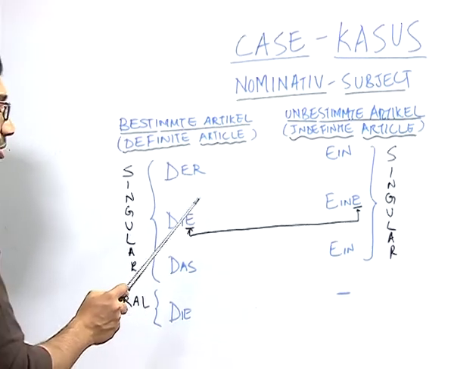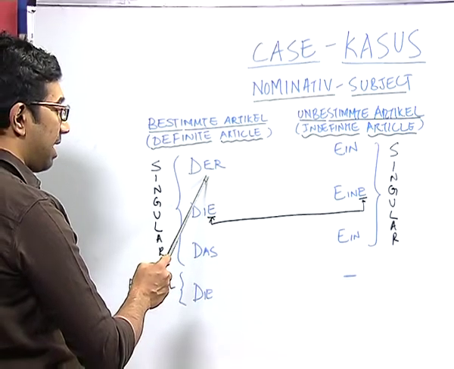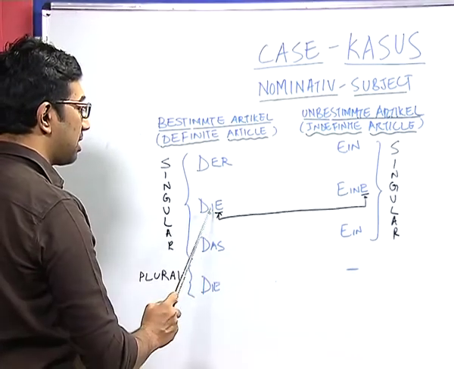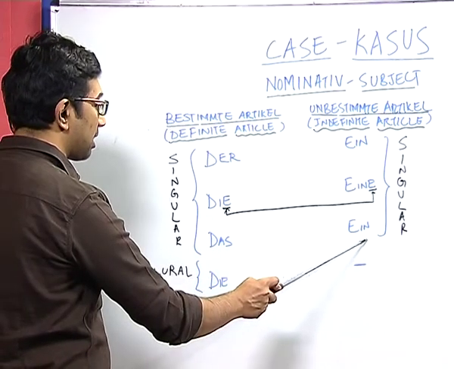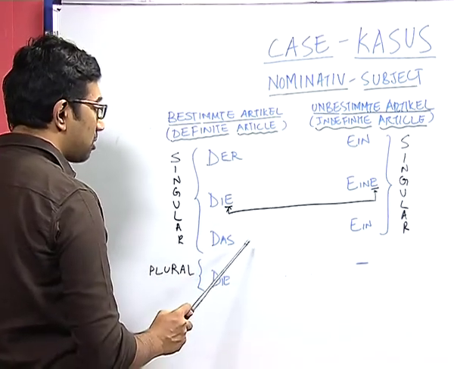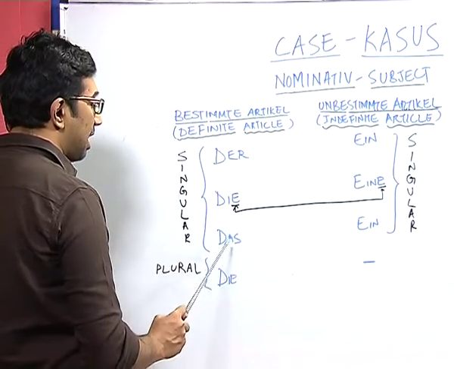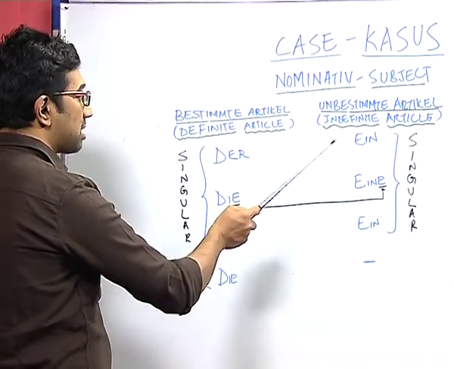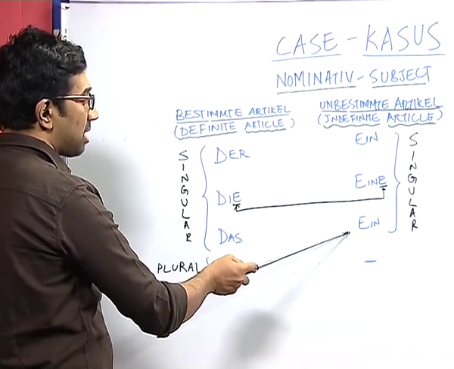Now, let us look at the combination of these articles: der, ein, die, eine, das, ein. As you can see, 2 things here. The article der and the article das have the same indefinite article ein and ein.